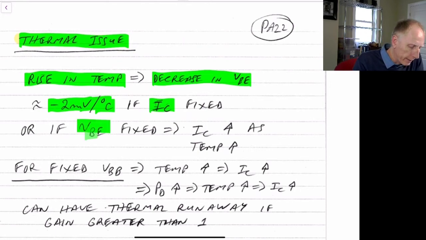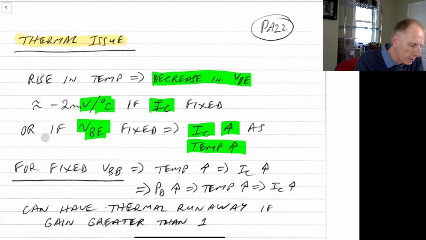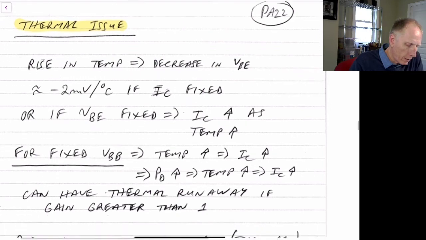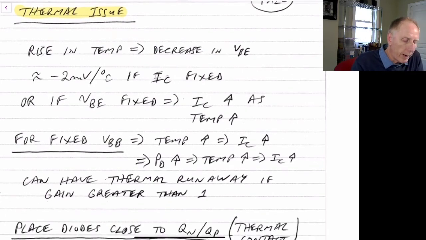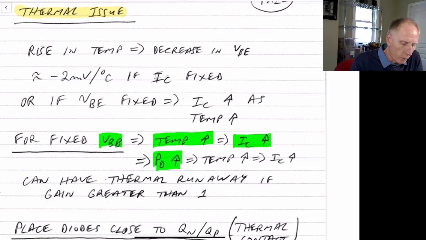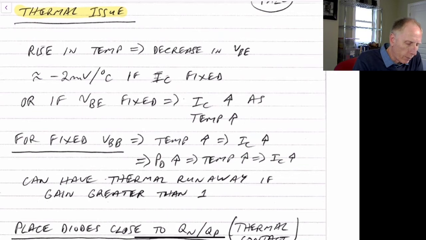Or if your VBE is fixed, your collector current will increase as the temperature increases. So if I build a bias that has a fixed VBE, as my temperature increases, my collector current will increase, which will increase my power dissipation, which will increase the temperature, which will again increase my collector current. So I have the danger here of what's called thermal runaway.